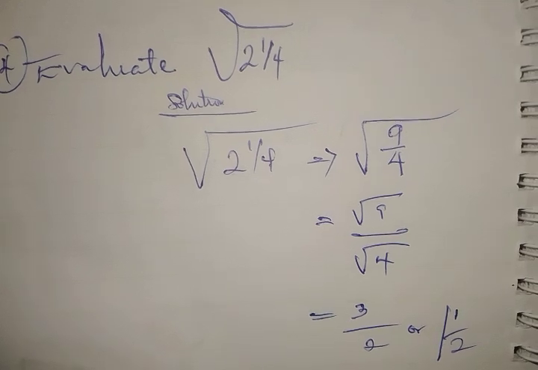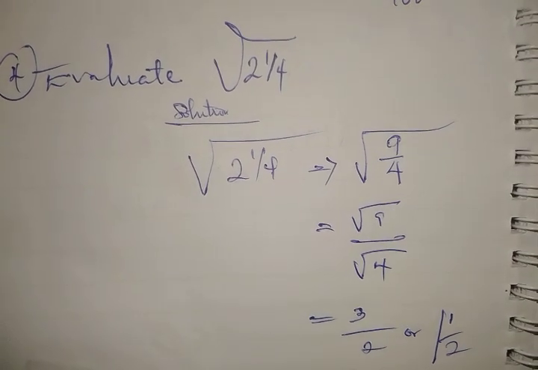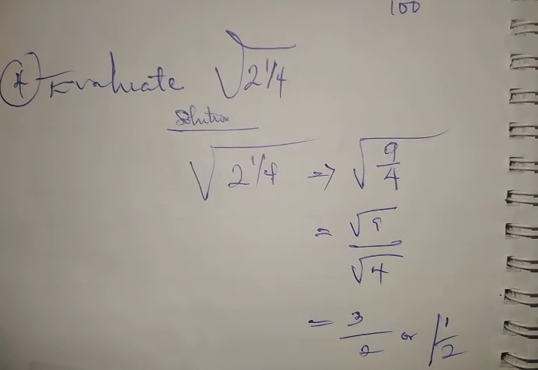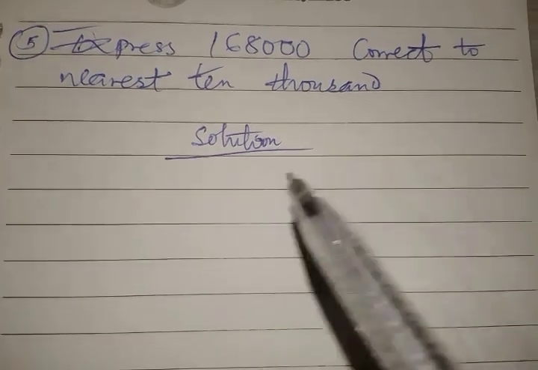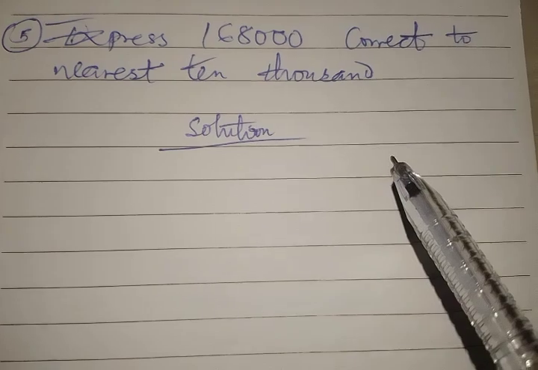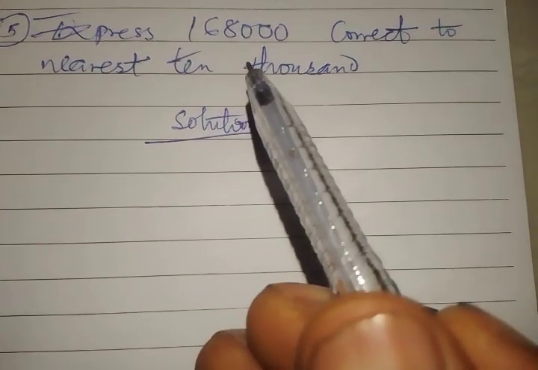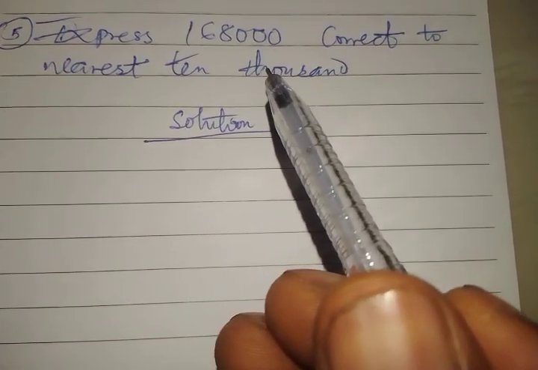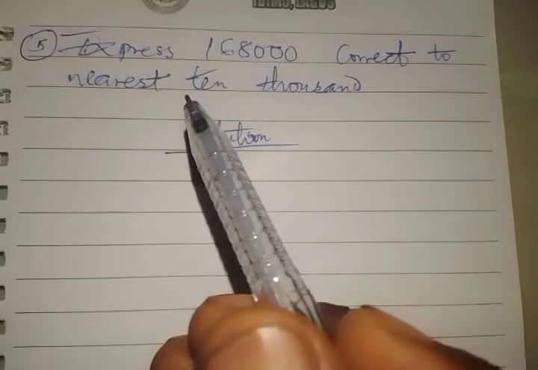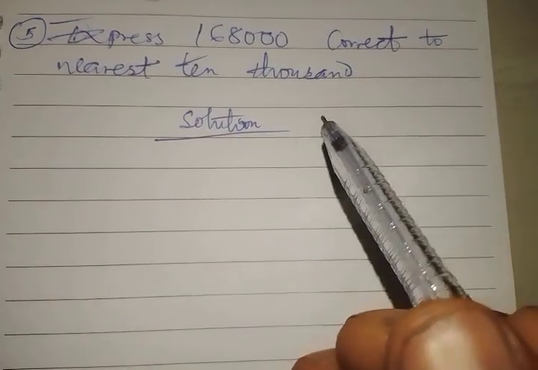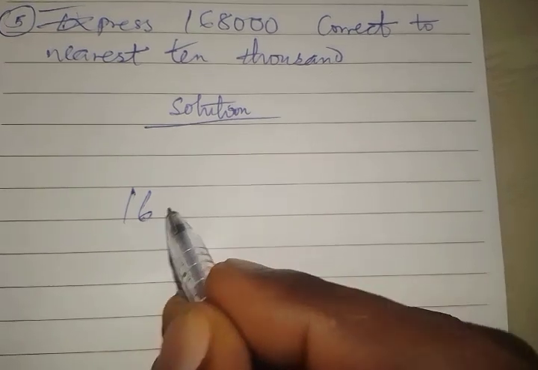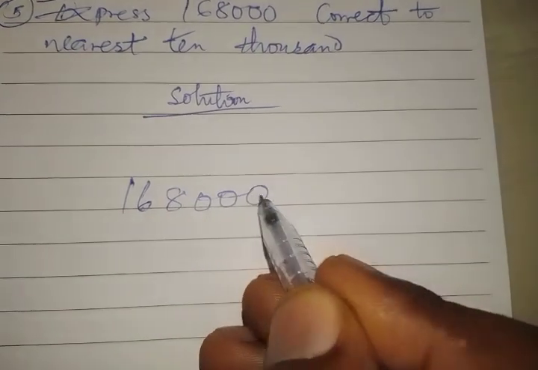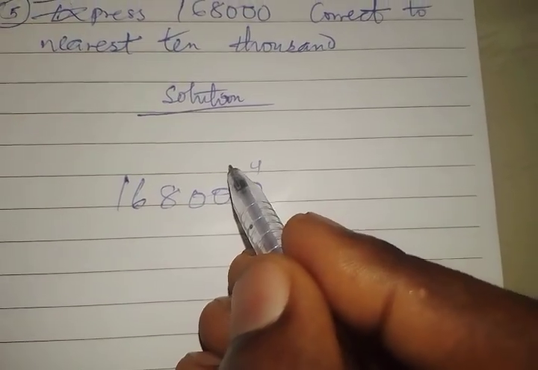And the last one for this video, so it won't be too long, we have the last question, which is question 5. And question 5 here says, express 168,000 correct to nearest 10,000. For us to get this correctly, we are to write out the numbers very well, and we put the place value above, so we know the one that is 10,000.